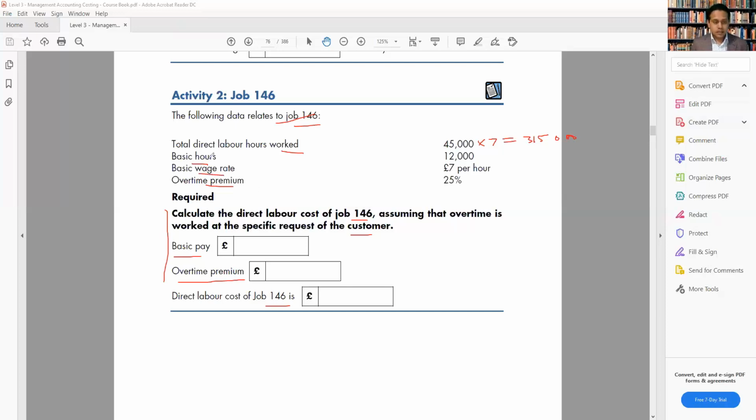And the basic hours are 12,000, so any difference is the overtime. So 45,000 minus 12,000, and the rest of the difference is the overtime. How many hours of overtime do we have? 33,000.